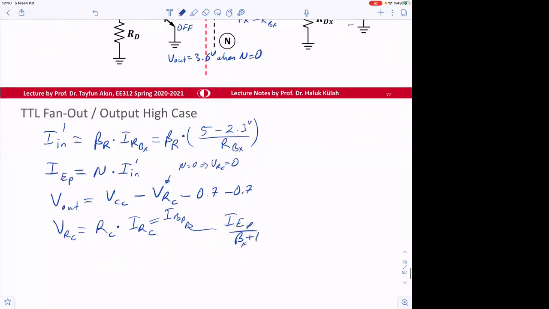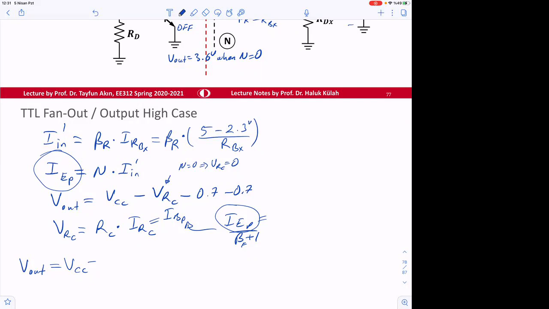So what is IEP? We already calculated it here. Therefore, Vout will be equal to VCC minus, oh my God, shall I write everything all merged together or no need? No need, because the time is finishing.